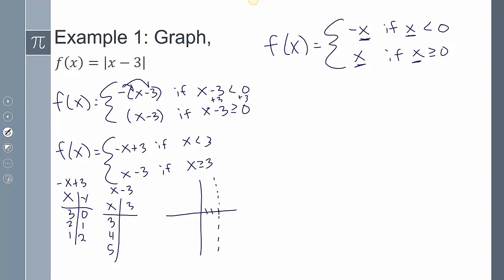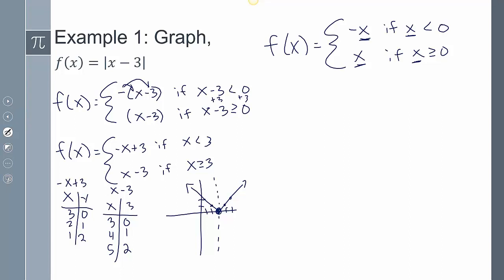So plug in 3, I get 0. Plug in 4, I get 1. Plug in 5, I get 2. So graphing these, at 3 it's 0, at 2 it's 1, and at 1 it's 2. And then at 3 it's 0, at 4 it's 1, and at 5 it's 2. And so I have my absolute value function there.